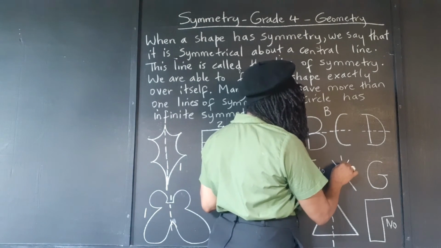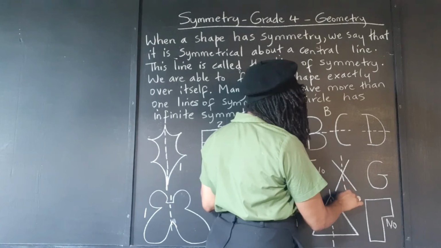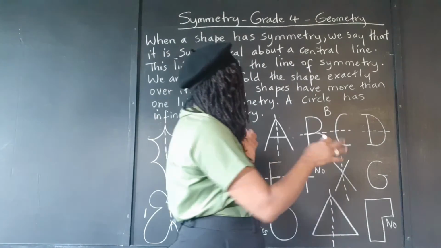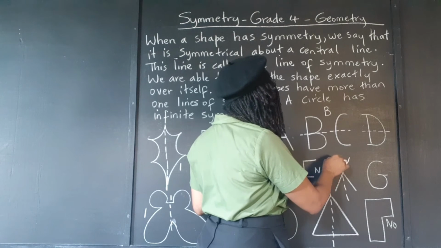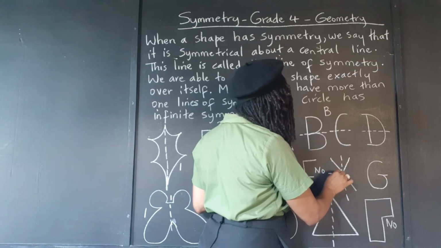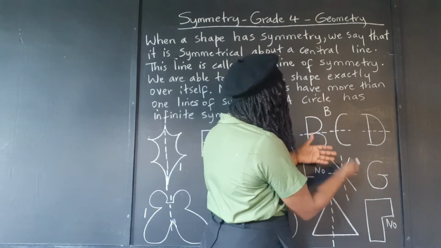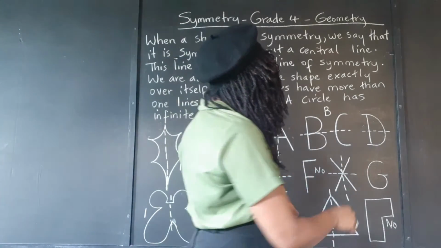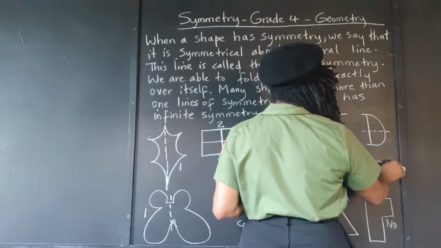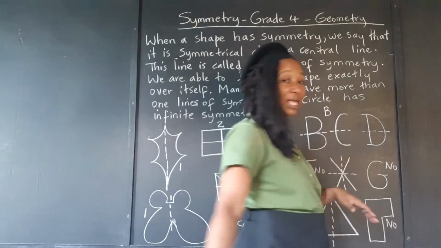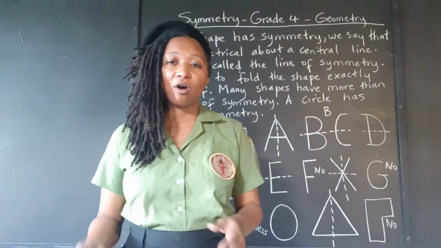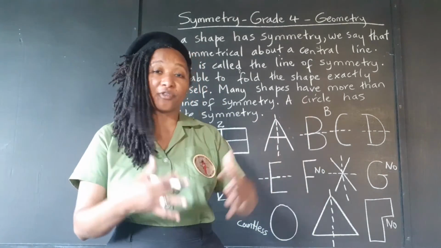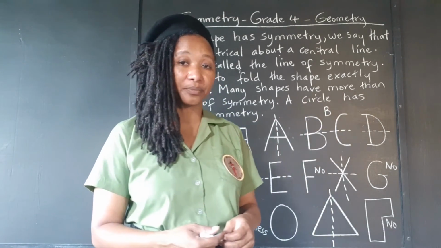We can go vertically, and depending on how you write your X, if they are the same, we could also go this way. It depends. We write our X's differently. For the G, we can't. There's no way we can fold or cut the G to make it fold over on itself exactly, right?